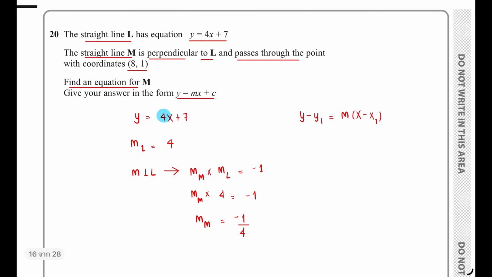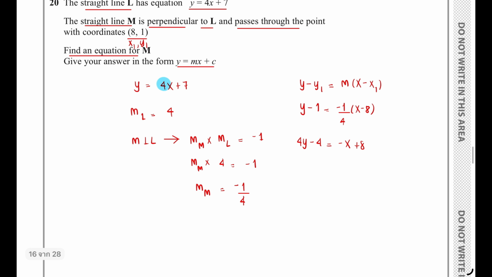So x1 and y1 are here. I will plug them into this equation. So we will have y minus 1 equal to negative 1 over 4 times x minus 8. I will move 4 to the left hand side to multiply with y minus 1, so it becomes 4y minus 4 equal to negative x plus 8.